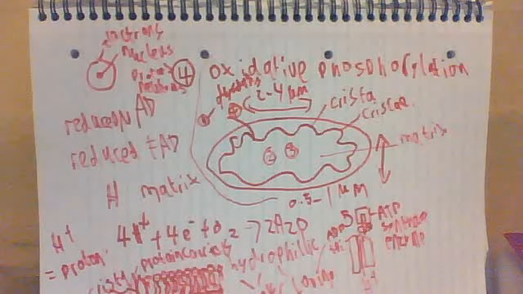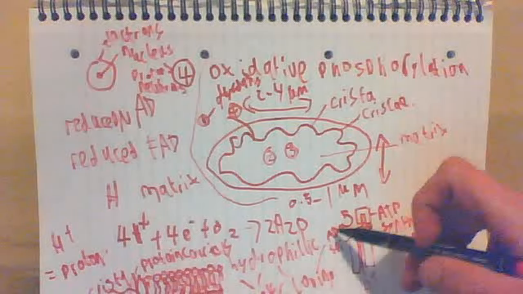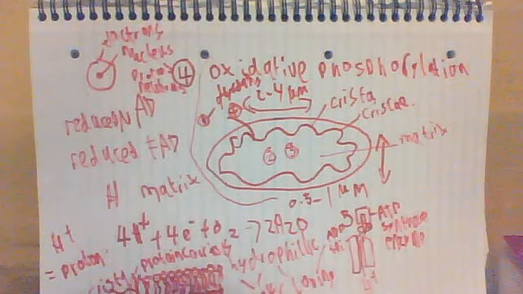You should know from previous videos that ADP is adenosine diphosphate, as opposed to adenosine triphosphate. So adenosine diphosphate and inorganic phosphate join together to form adenosine triphosphate, which is your ATP, which is used for energy. These H+ ions provide the force for that, and they flow back into your matrix.